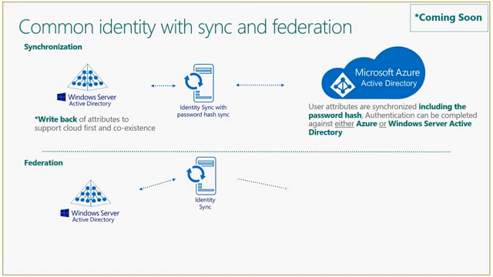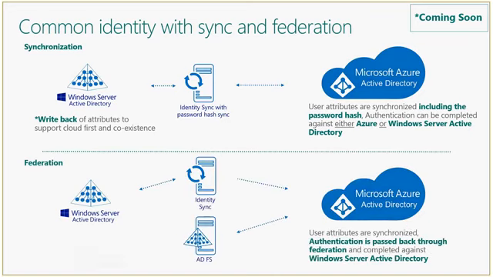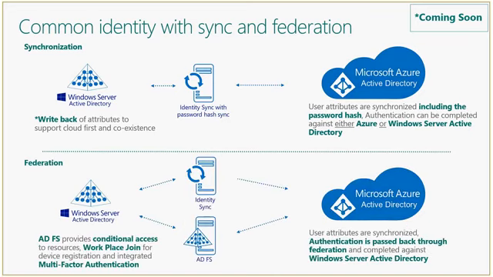If you cannot synchronize your password hashes out to the cloud, to Azure Active Directory, then you are in what we call the federated model. What happens there is only the identity attributes are synchronized up, but not the password. Therefore, whenever you try and authenticate against a cloud-based service, Azure Active Directory does not know what the password is, so therefore it cannot validate whether it's accurate or not.